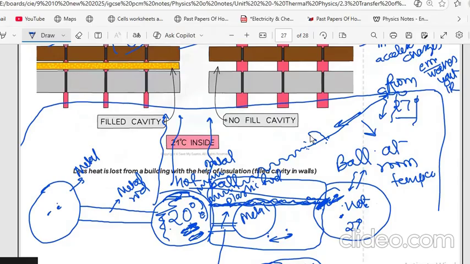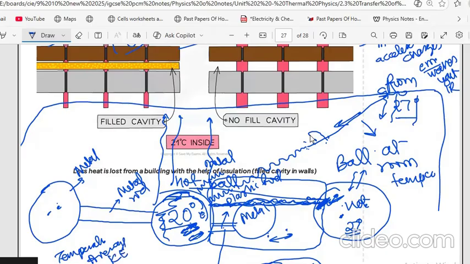Gradually, what will happen is the hot ball, because this is 120-degree, is emitting energy, it's losing energy. Now, what is temperature? Temperature is the average kinetic energy of each particle.